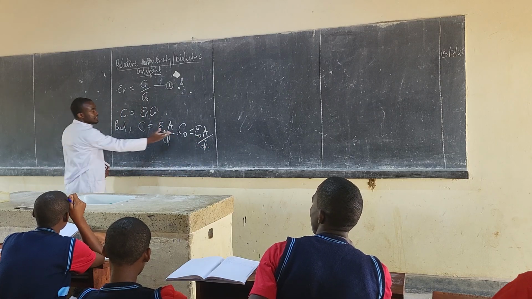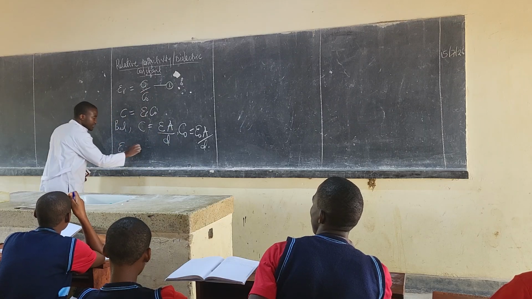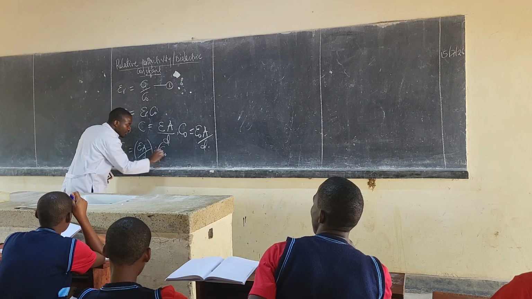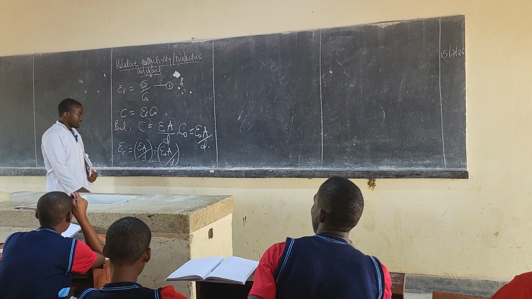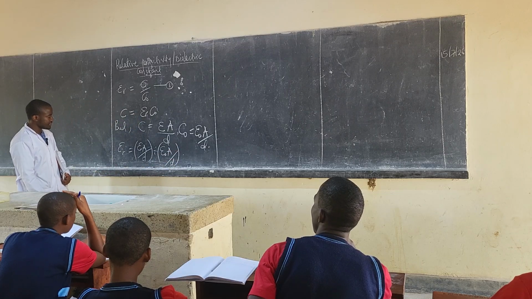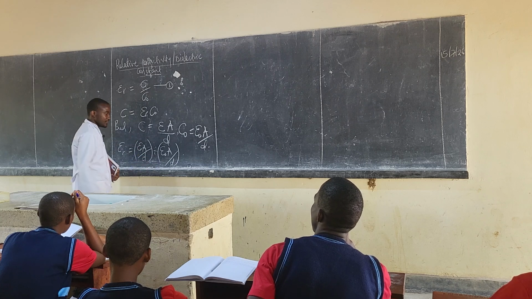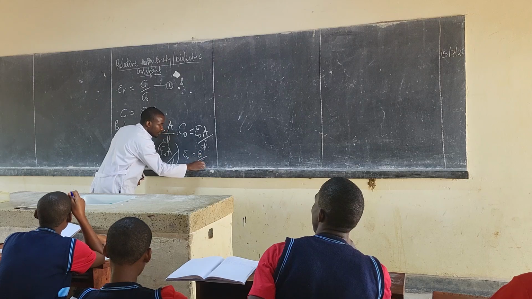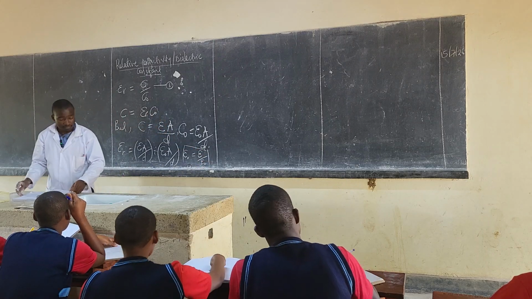So if we substitute these two, we shall have epsilon R being epsilon A over D divided by epsilon naught A over D. Learners will convince themselves that if you squeeze this mathematically, you will have epsilon R equals epsilon over epsilon naught. Check that fact.